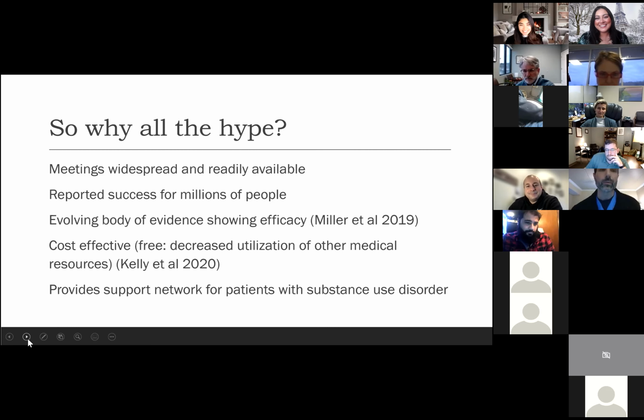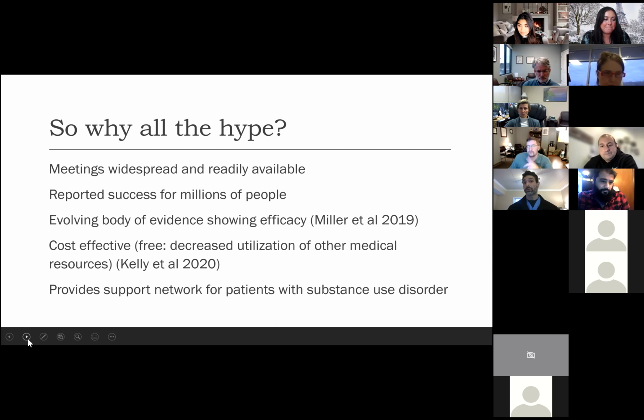Okay, so why are we so interested in 12-step programs? Well, 12-step programs are going to be some of the most available mutual support programs that our patients have access to. There's been some pretty good evidence showing that other mutual support programs can be helpful for people who are trying to seek recovery.